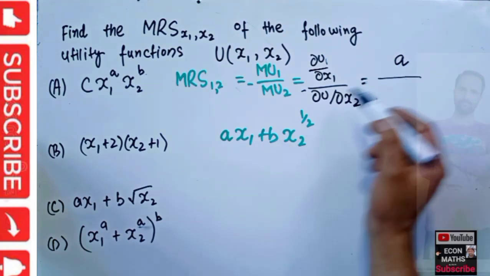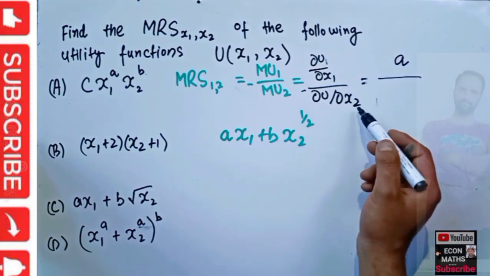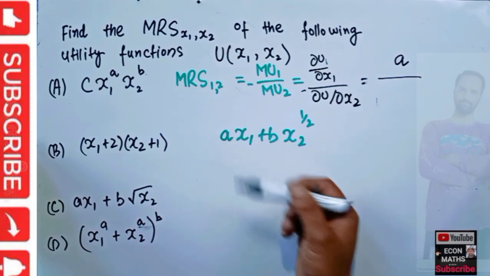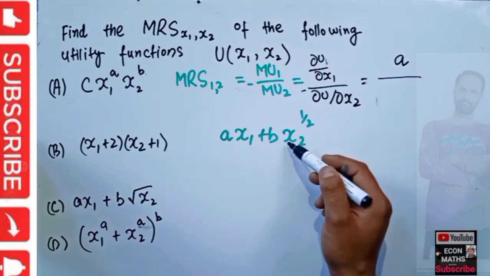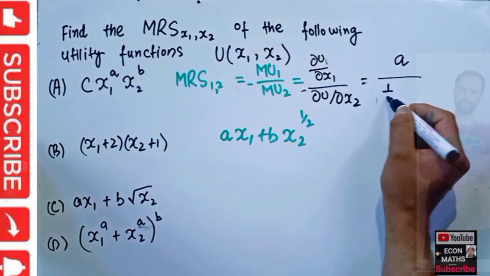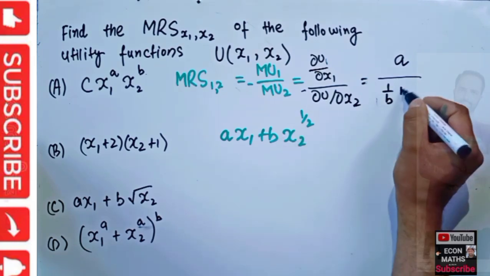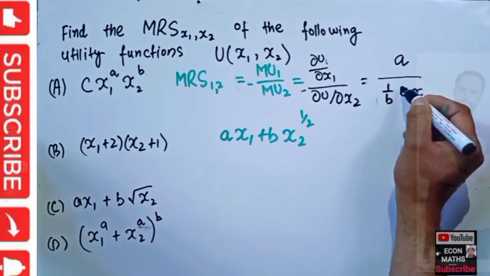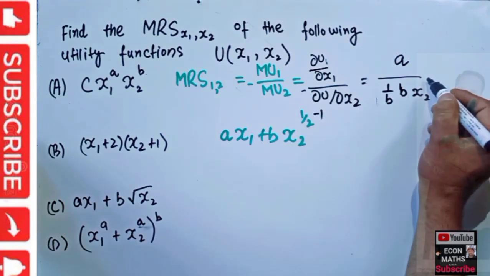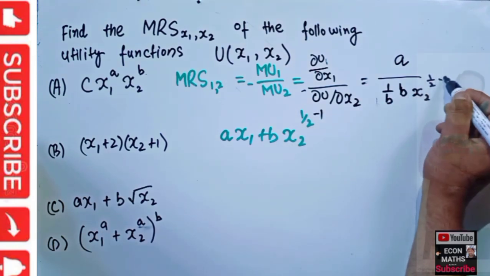and divide by, now we take partial derivative with respect to x2. Since x2 is not involved in the first term, its derivative is 0. Derivative of x2 raised power 1 upon 2: 1 upon 2 will become first the coefficient. We have b x2 raised power, exponent is subtracted by 1 by power function rule, so we have 1 divided by 2 minus 1.